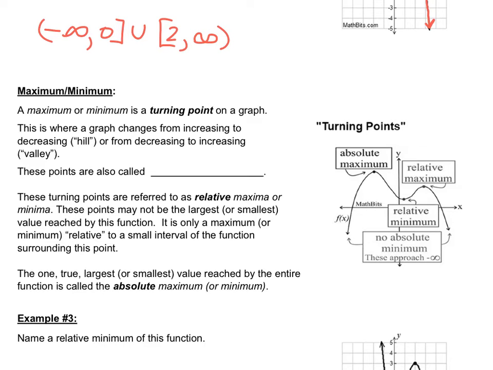All right. So these points are also called extrema. These points are referred to as relative maxima or minima. So the extrema is a way of saying max and min.